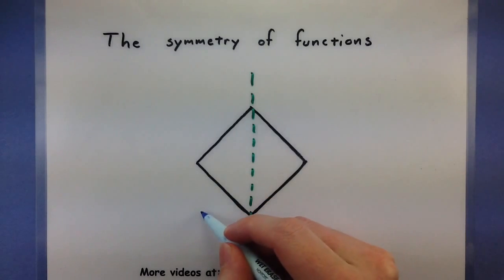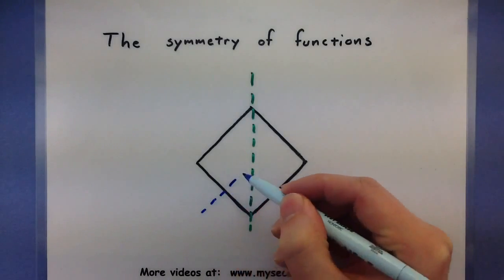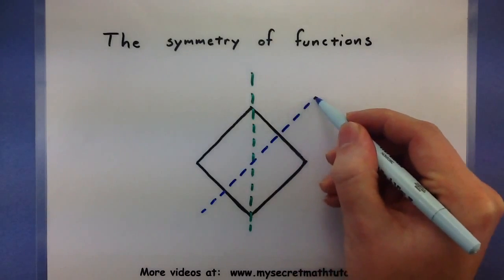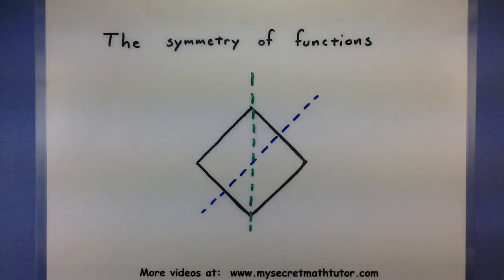So another line that I could also fold my box would be maybe along this way. Now if I folded it up along the blue line, it would match up with itself. You can keep going around this little diamond shape, maybe find a couple more lines of symmetry, but that's the big idea. So let's take this idea of symmetry and now apply it to some of our functions.